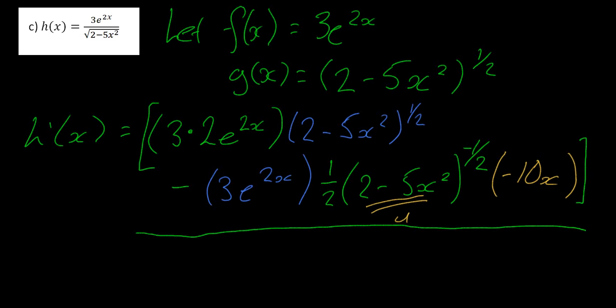Now if you have g of x squared, let's look at what happens. We have this to the power of half, but it's squared. When you have a square root squared, you cancel the square root out. But you can do this using index laws, of course, because half times 2 is just equal to 1.